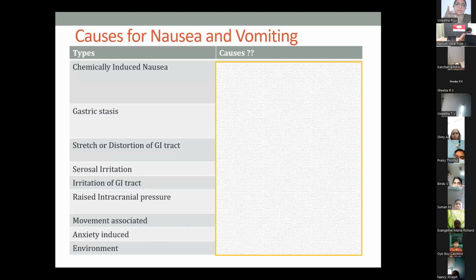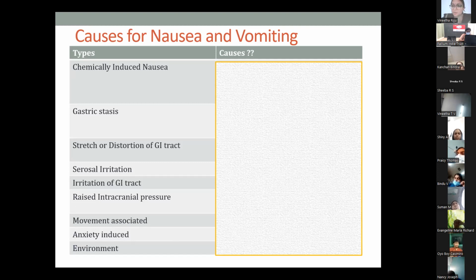Yes, all of you agree. Any CVA, brain tumors or head injuries which can cause increased intracranial pressure can lead to nausea and vomiting. Severe headache too, like migraine. Sometimes even common migraine can cause nausea and vomiting.